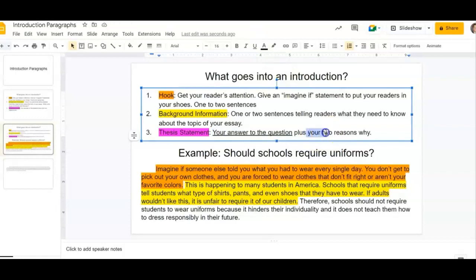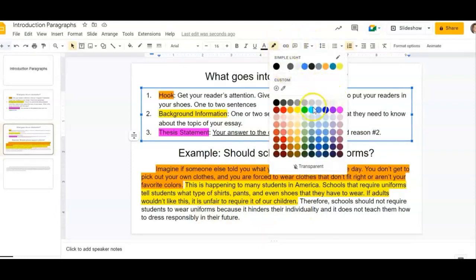Okay, I'm going to change that plus, just to really show you clearly, plus reason number 1 and reason number 2. Okay, therefore, schools should not require students to wear uniforms because it hinders their individuality and it does not teach them how to dress responsibly in the future.